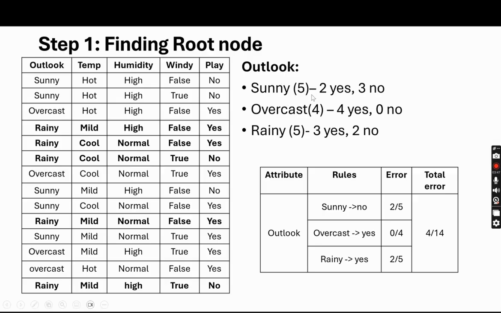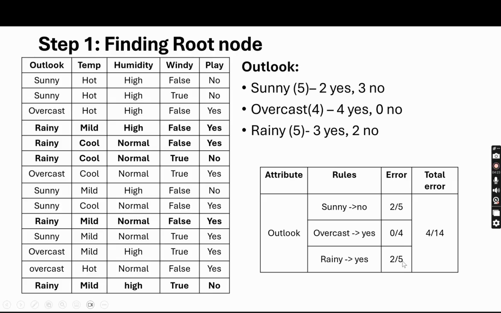If I choose sunny tends to yes, it will result in 3 errors out of 5, but your error value should be minimal. So I choose sunny tends to no, which results in 2 errors out of 5. You have to choose the maximum value present in the target column. So the rule is sunny tends to no, which results in 2 errors out of 5, overcast tends to yes, which results in 0 errors out of 4, and rainy tends to yes, which results in 2 errors out of 5.